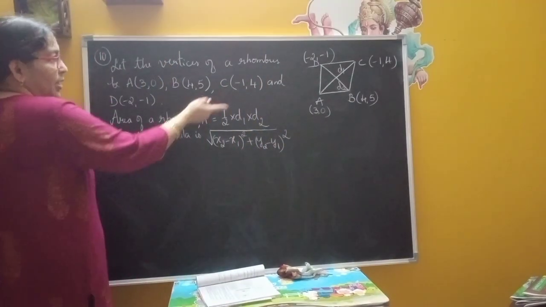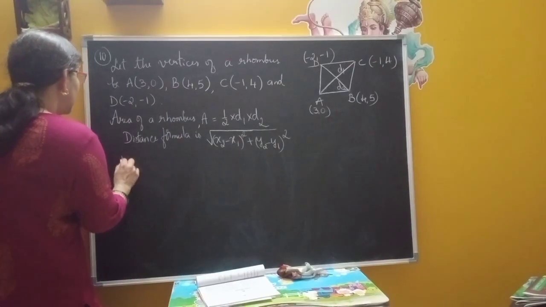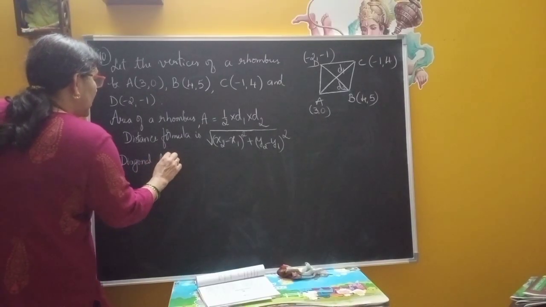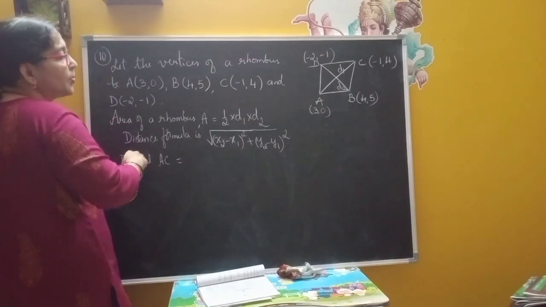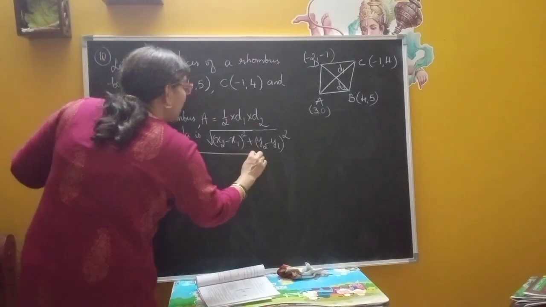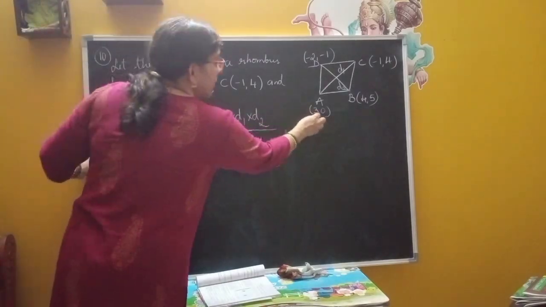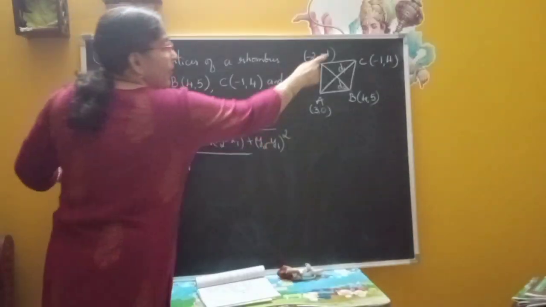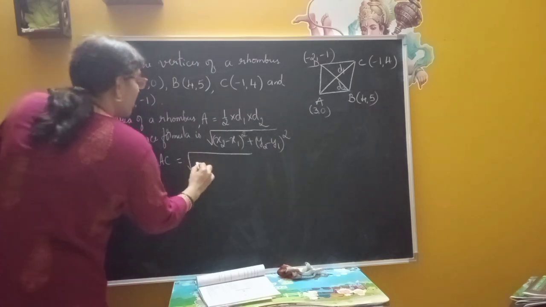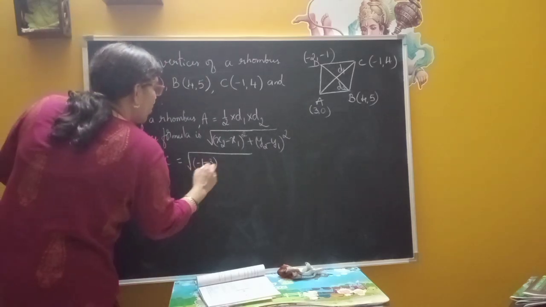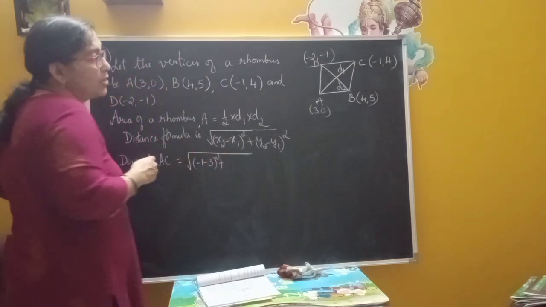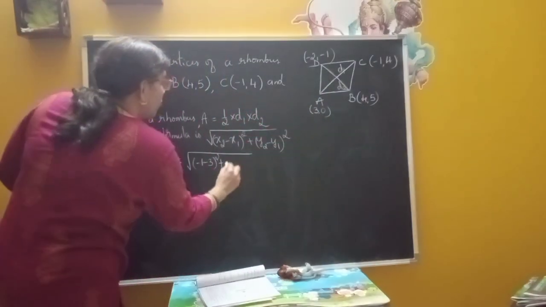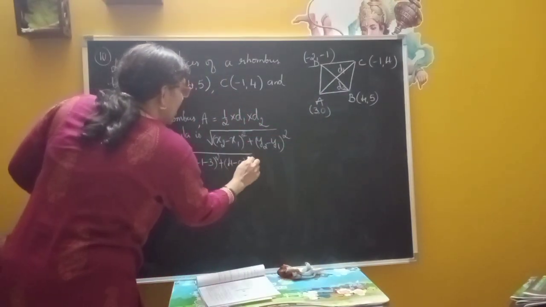Okay, let us consider AC now. So diagonal AC is equal to square root of (x2 minus x1). This is x1, y1, x2, y2. So (-1 - 3) whole square plus (y2 minus y1). Here y2 is 4, y1 is 0, so (4 minus 0) whole square.